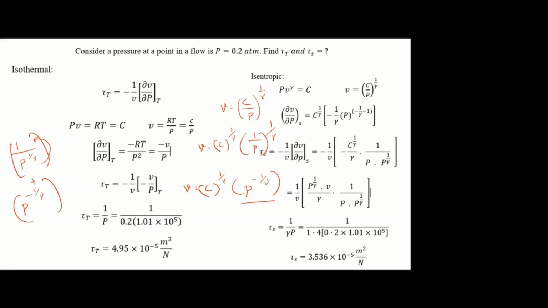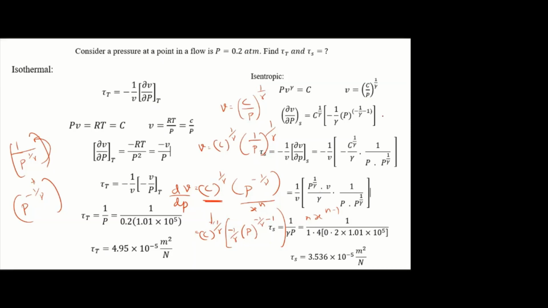Yes, sir. Okay. So now we can differentiate this, dV by dP. This is constant, simply I am keeping this C power 1 by gamma, and this is like x power n term. So the formula is n into x power n minus 1, where x is P. So n is minus 1 divided by gamma, then minus 1.